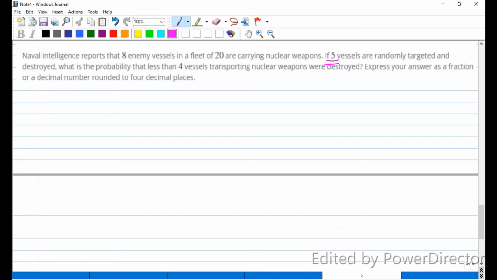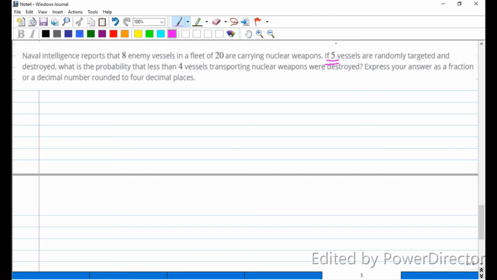We're trying to figure out the probability of less than 4. So the probability of less than 4 would be the probability of 3 plus the probability of 2 plus the probability of 1 plus the probability of 0. So we would have to work out 4 problems.